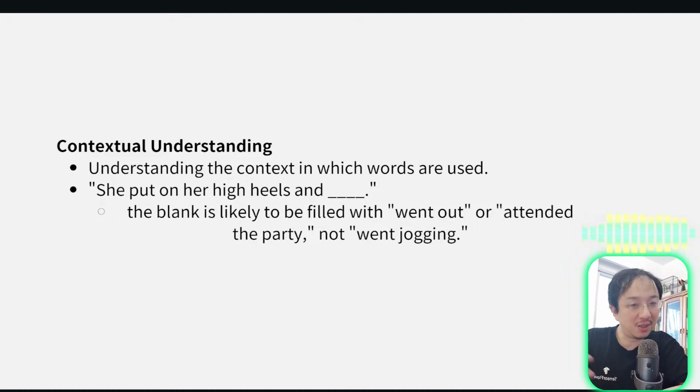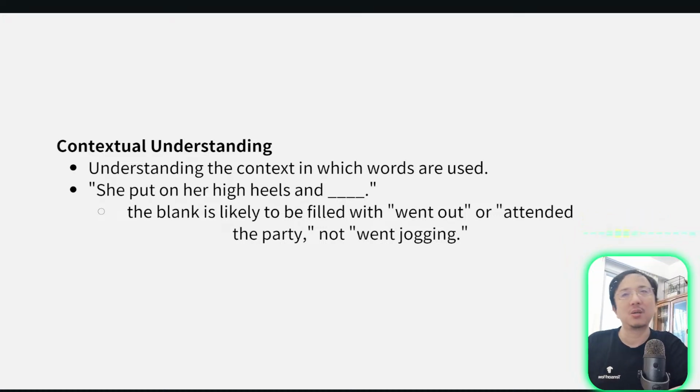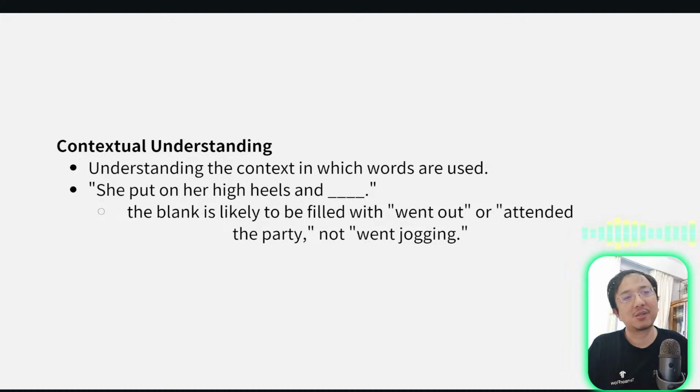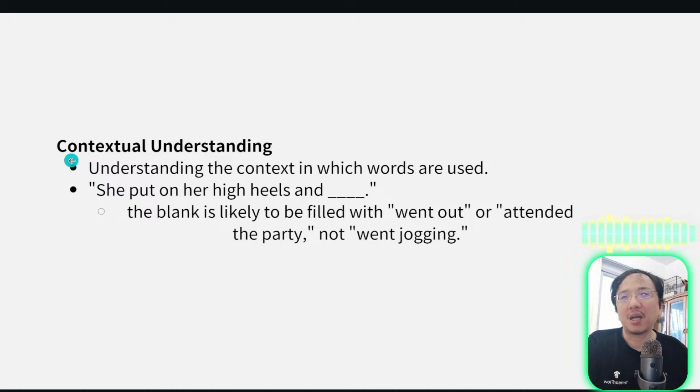Okay, so we are going to list certain concepts that might be learned from this simple auto-completion approach. So we'll list a few concepts that it might learn from these settings. First is contextual understanding: understanding the context in which words are used.